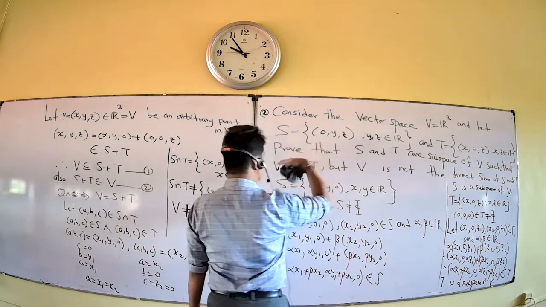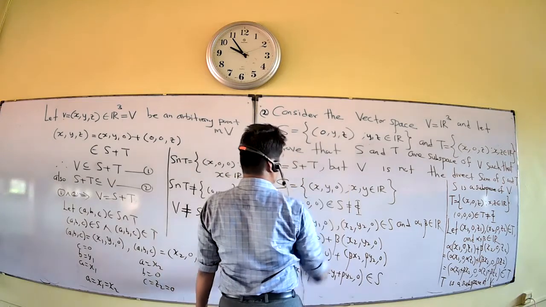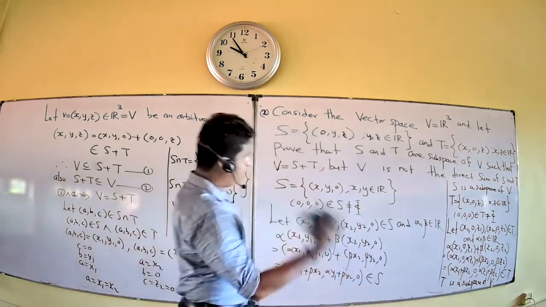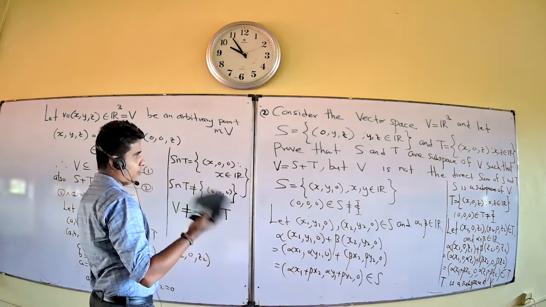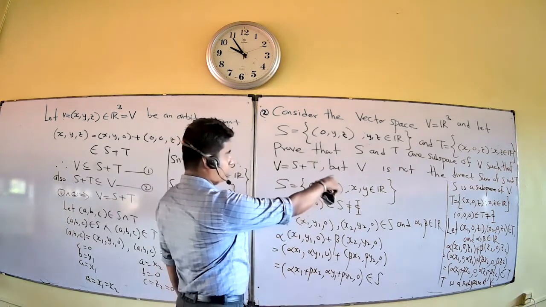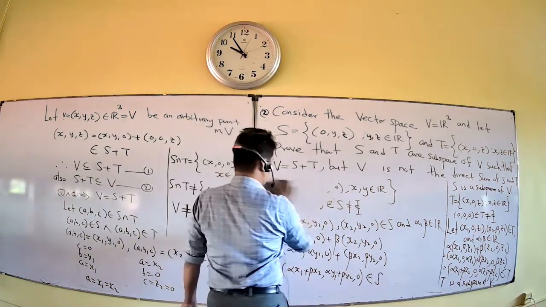You already put here (x, 0, z). Now you put (0, y, z). That one does not change. After that also, this V is not a direct sum. Okay, let me do this part first.